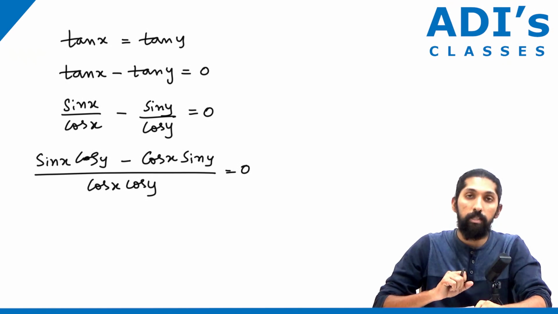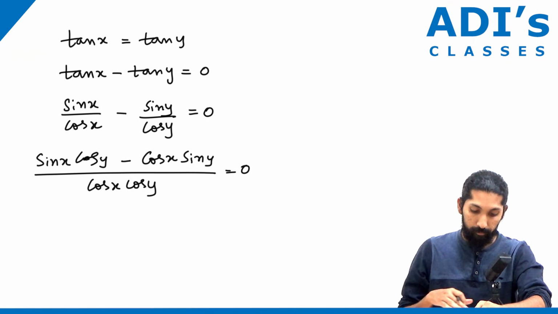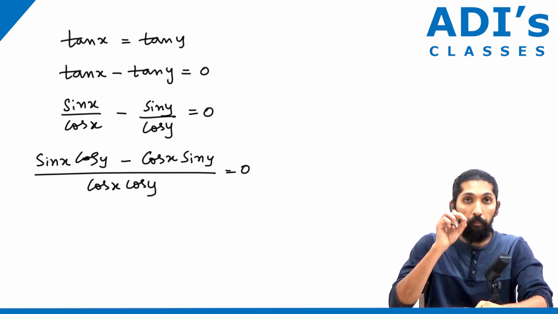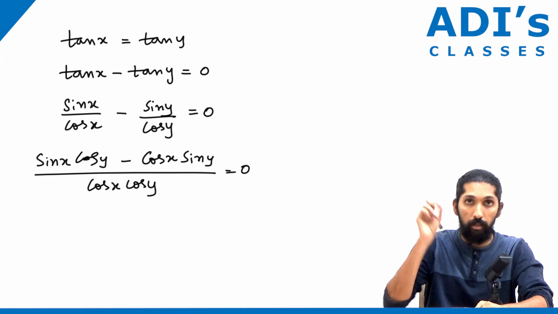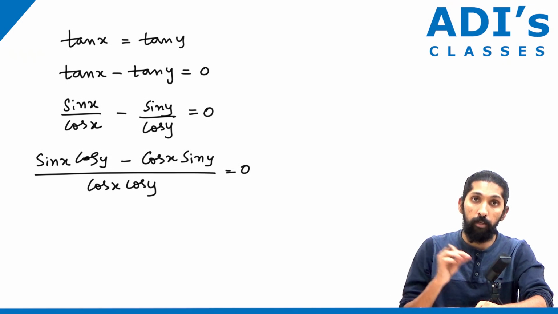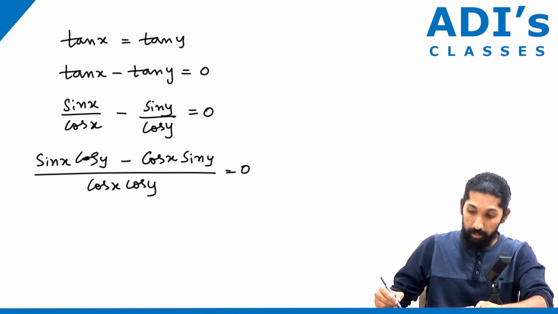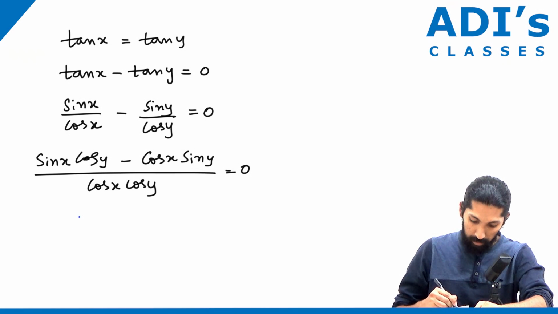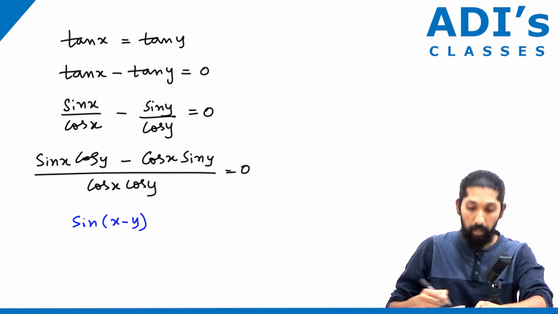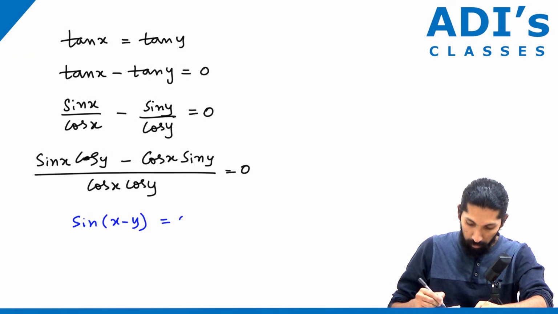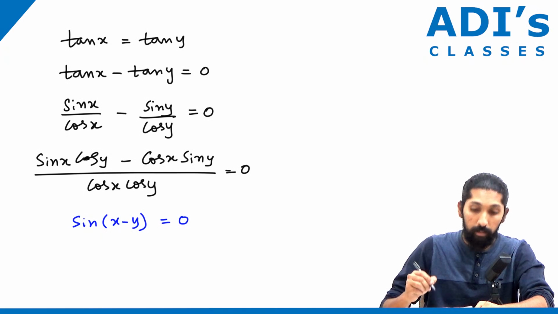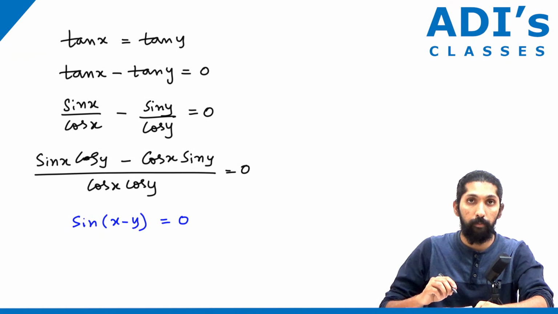Now multiply the cos x cos y to the other side. Or you can also say, look at the numerator: sin x cos y minus cos x sin y. Now don't you think this is of the form of sin of x minus y? So the numerator, we can say that this is sin of x minus y. So if this is equal to 0, then the entire term is going to become 0.